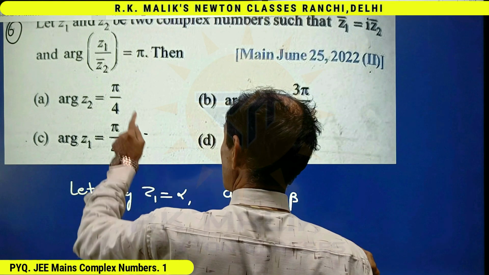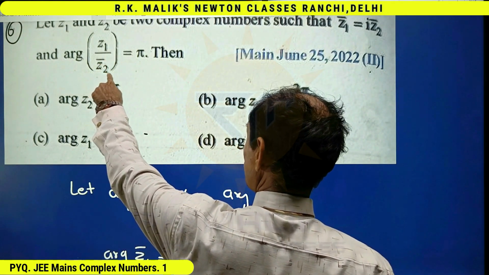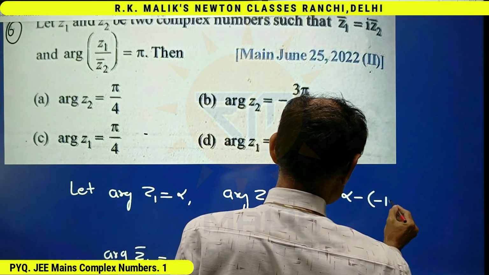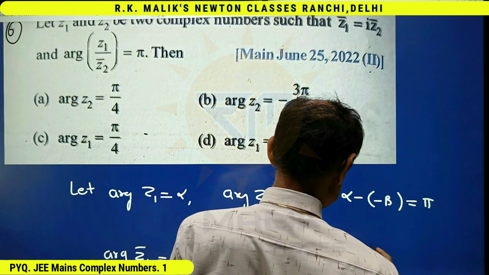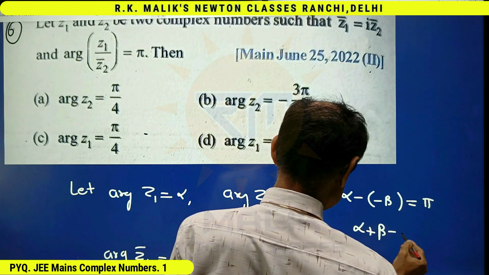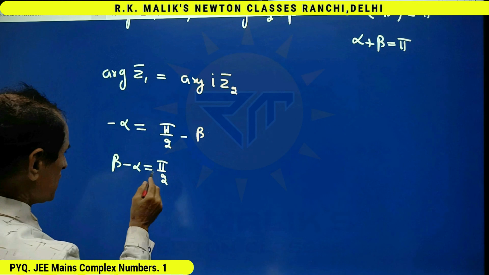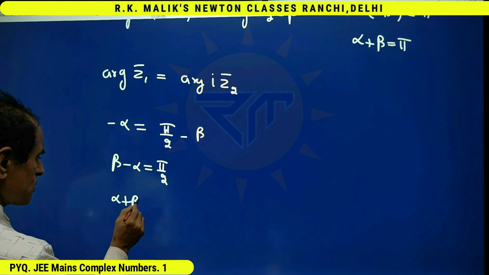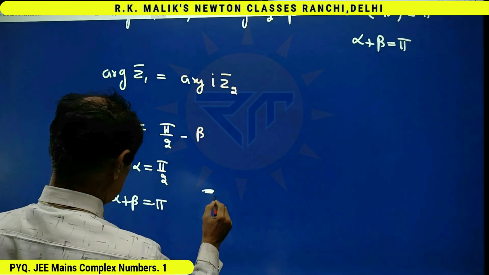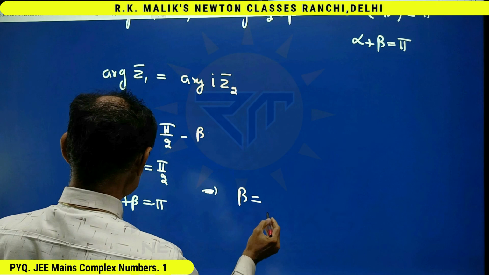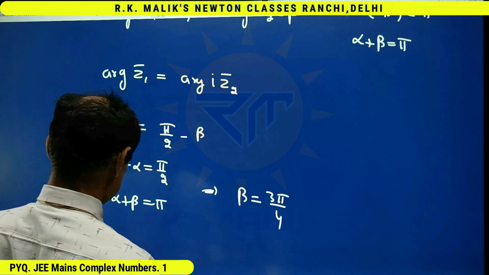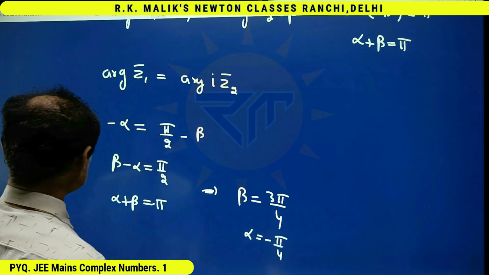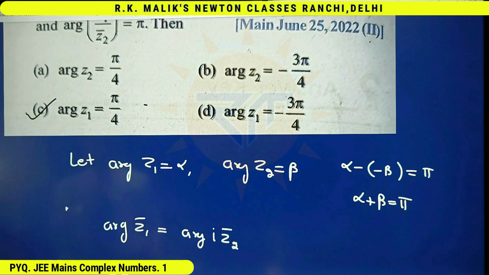And this means argument of z1 minus argument of z2 bar, that is alpha plus beta, is pi. So beta minus alpha equal to pi by 2, alpha plus beta equal to pi, implies that beta equal to 3 pi by 4. Hence alpha becomes pi by 4. Hence I can say C is the correct choice.